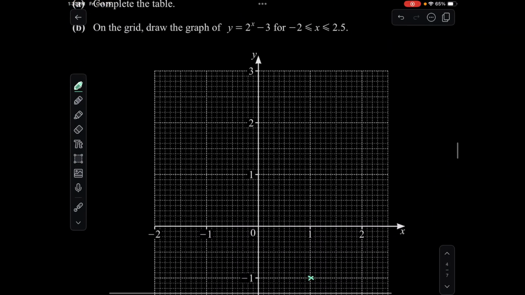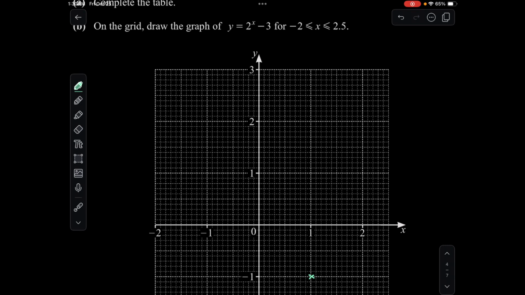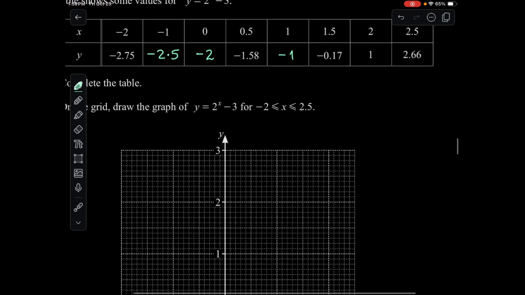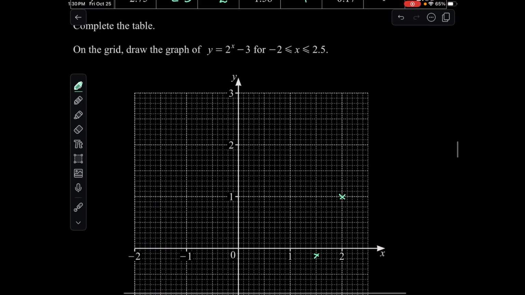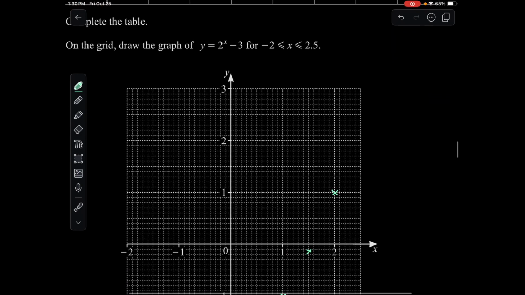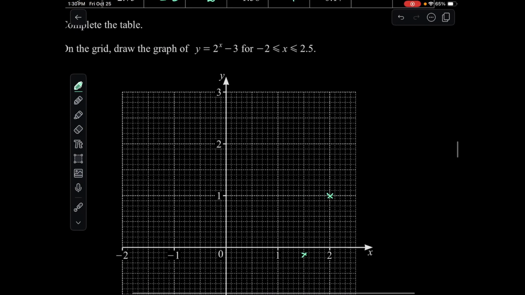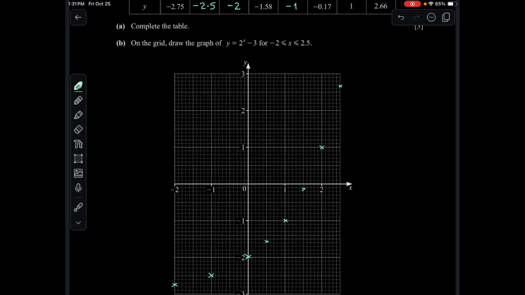For 1.5, it's minus 0.17, so very close to minus 0.2, somewhere here. For 2, it's 1. And for 2.5, it's 2.66, so very close to 2.7.